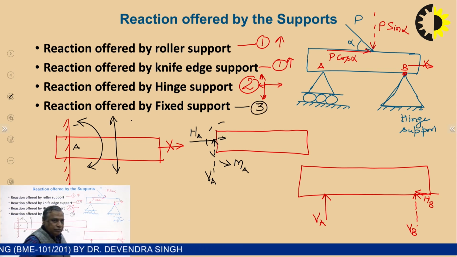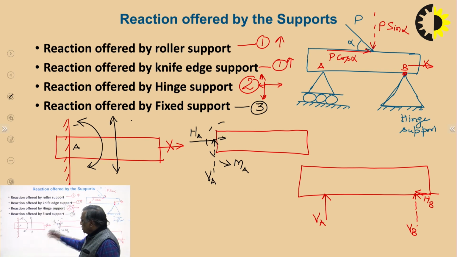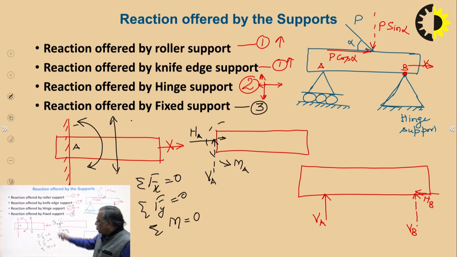Right. I have mentioned on the very first slide, we come across these 4 types of supports. So, under the topic of coplanar force system, we have only 3 equations of equilibrium: summation Fx equals 0, summation Fy equals 0, and summation of moment about any point equals 0.